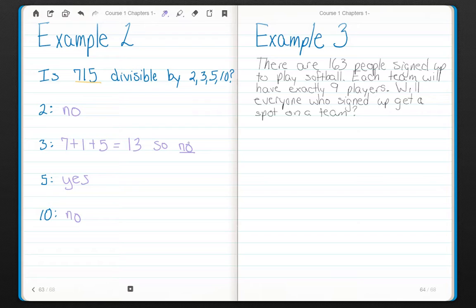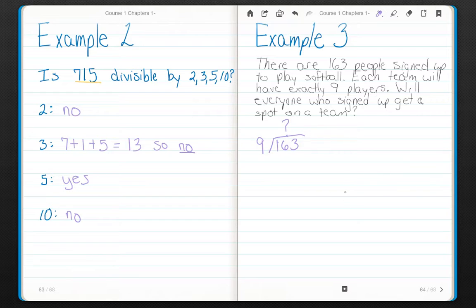Okay, example 3. There are 163 people signed up to play softball. Each team will have exactly 9 players. Will everyone who signed up get a spot on a team? So, you have a couple of options. You could actually divide 163 divided by 9 and see what your quotient is.